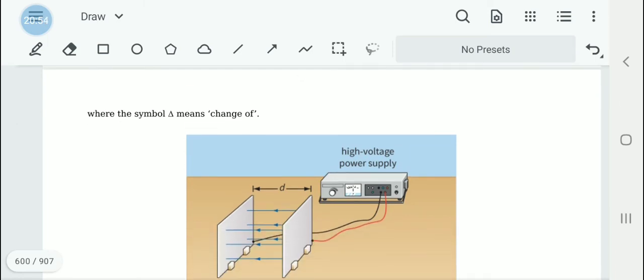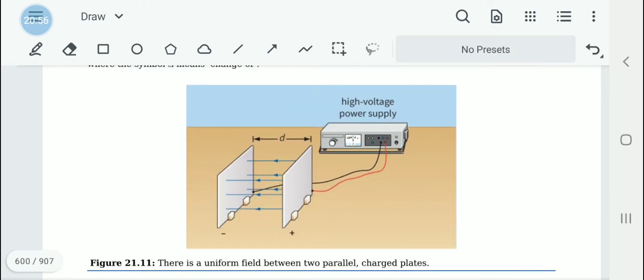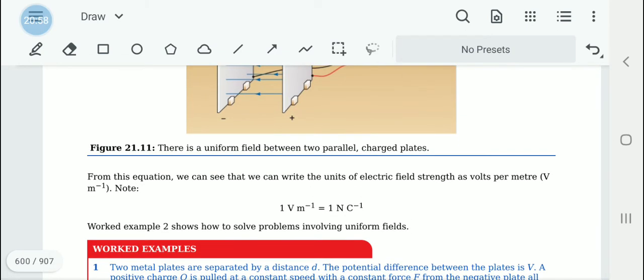We usually omit the negative sign because we are mostly concerned about the magnitude of the field strength.